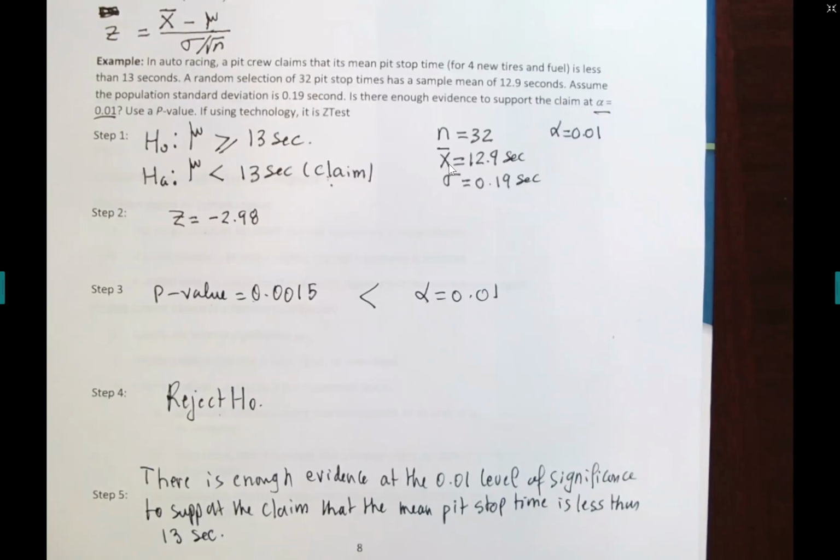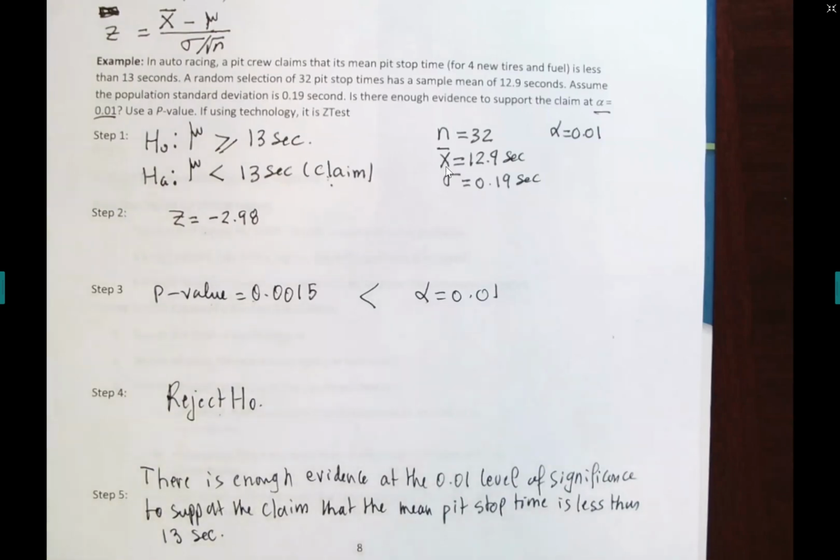So that means they're reliable, and that's gonna market them big time because we are supporting their claim that they can change 4 tires and refuel a race car in less than 13 seconds. Any questions about this exercise? So this will give you the first flavor in how to perform a hypothesis test.